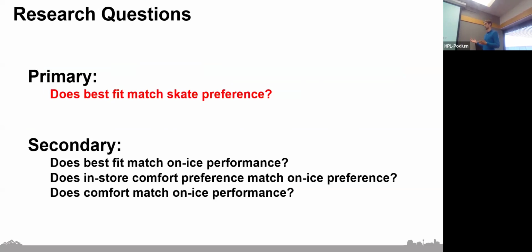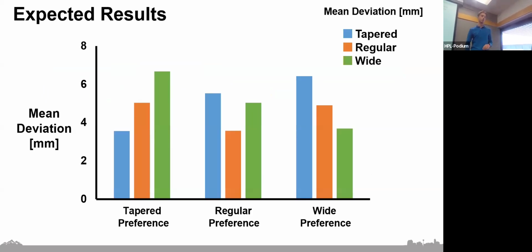How will we know if this study is successful? Well, if we go back to the primary research question, does best fit match skate preference? Then we might look to find results like this. What we might expect to see in the relationship between our fit metric and real skate preference is shown here. On the y-axis, we've got mean deviation, or that fit metric that I was describing earlier in the presentation, and then the preference of the individuals on the x-axis.